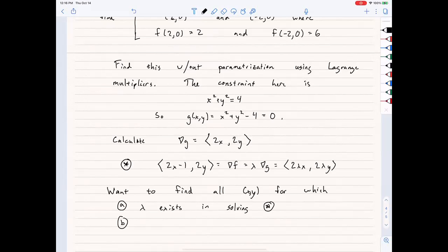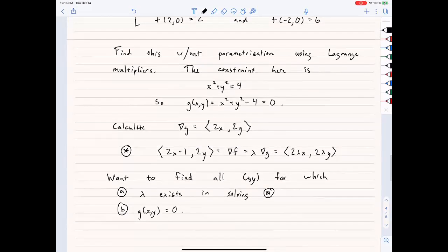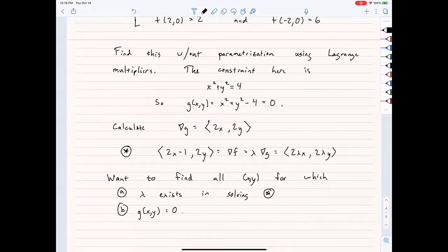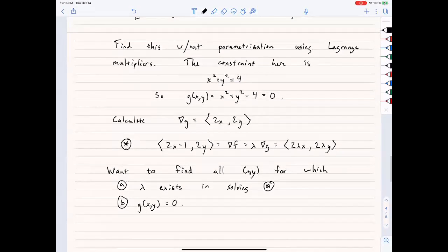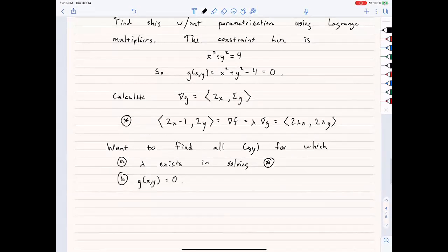And B, g of x, y is 0. We want to be on that constrained space. We do not want to solve star, this main equation, for all the points in the plane. That's not our interest. We don't care. We're just interested in this circle in this case, or the constrained space in general.